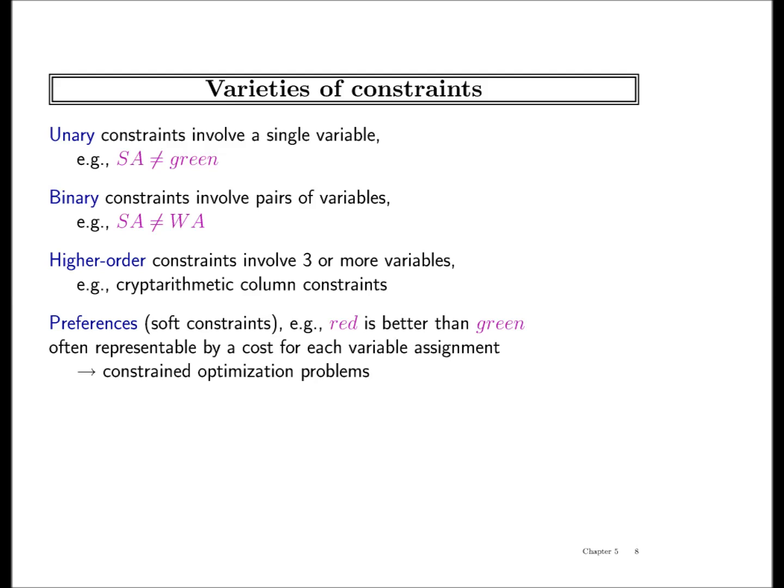One of the very interesting ones is called the all-diff constraint. It says that these variables should all have different values. It's a very famous, very important higher order constraint. Another is at most k, like this machine cannot be assigned to more than 4 jobs, and things like that.